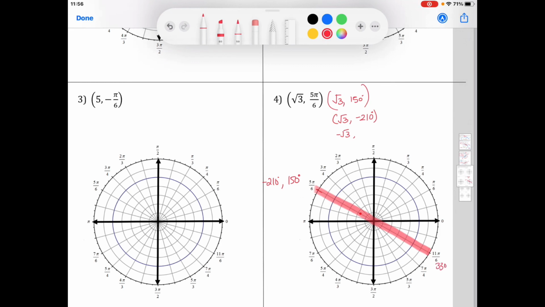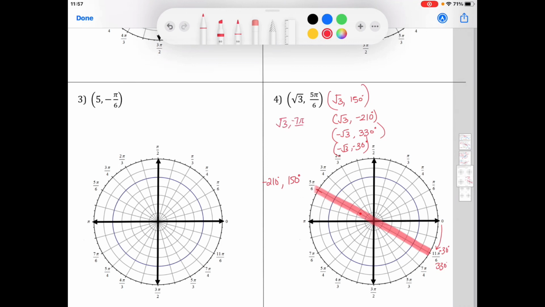Remember, the negative is outside the radical, and that's 330 degrees. This 330 is when we're going in counterclockwise direction. If I'm going in clockwise direction, what would that angle be? Wouldn't that be negative 30 degrees? So negative root 3 comma negative 30 degrees. So these are your other 3 additional ways of labeling this point.